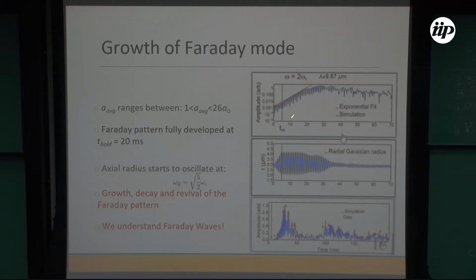You will see there are many oscillations here. These oscillations are due to the radial dynamics. But if you ignore them for a little while and think about the overall trend, or the envelope of this curve, you'll see that the growth is pretty much exponential. And it was captured by the simulation very much as we expected. The rise time is about 3 milliseconds, and it's pretty much exactly what we saw in the experiment.